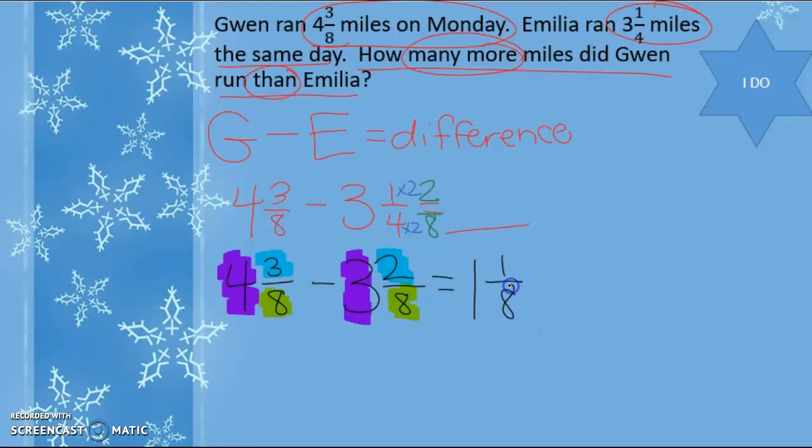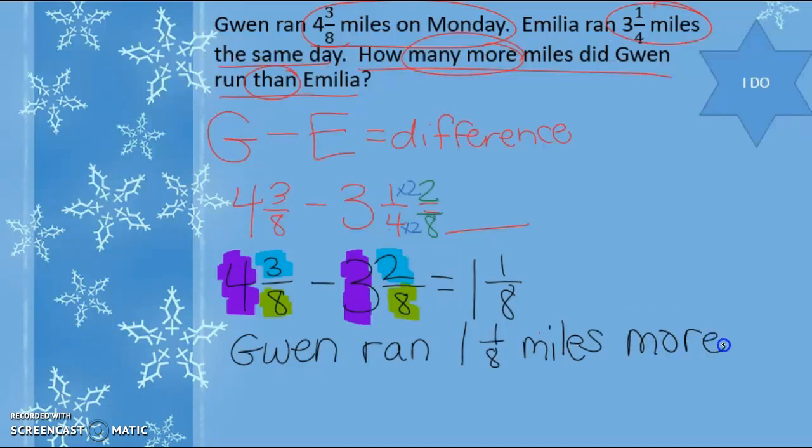So our answer is 1 1/8 miles. We're going to write our answer here. Gwen ran 1 1/8 miles. We're going to use the word miles because it's more than 1 mile. More than Emilia.